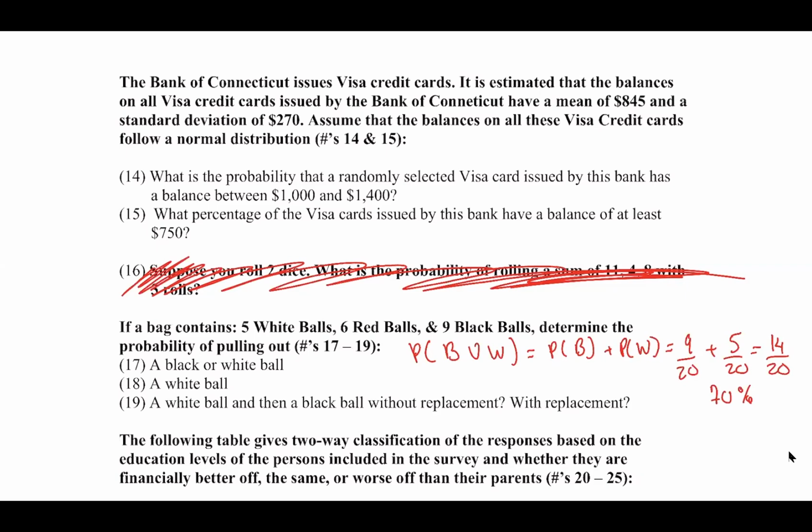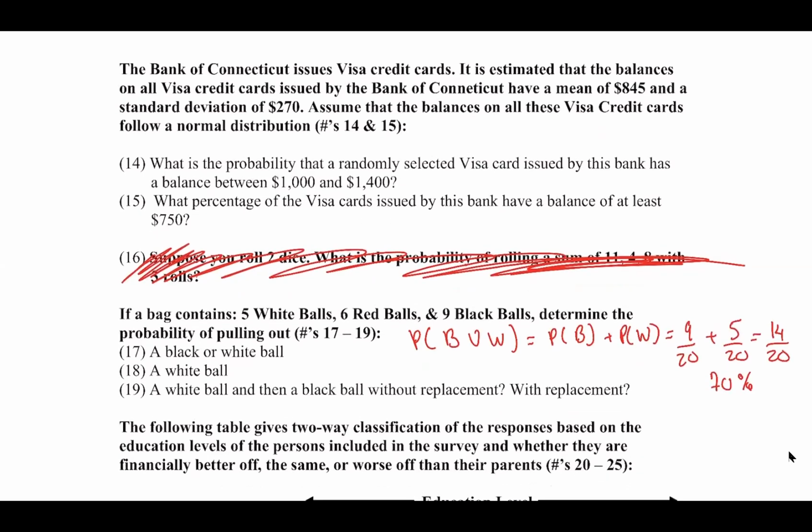With replacement means once you select that ball, you put it back into the bag and you could reselect that ball again. So if we're doing this without replacement, once you select that ball, I can't select that ball anymore. So for number 19, here.